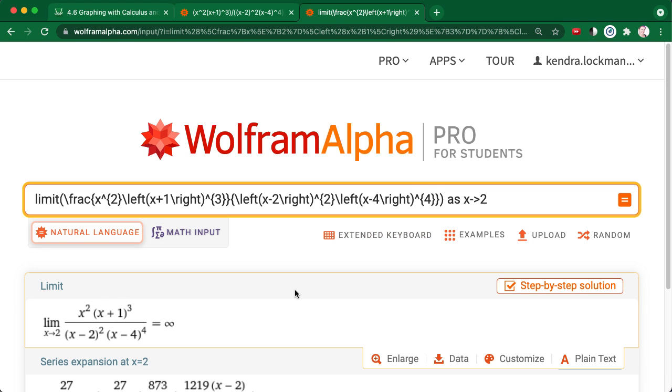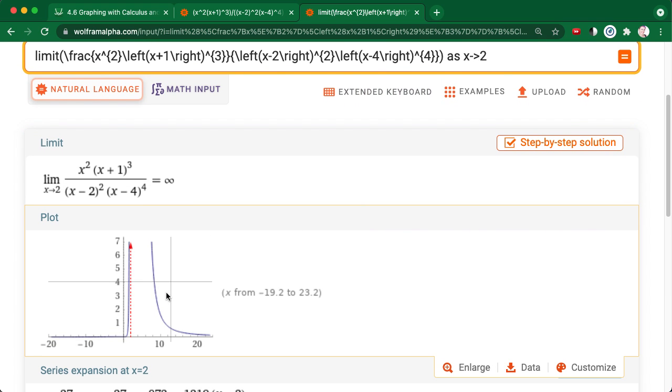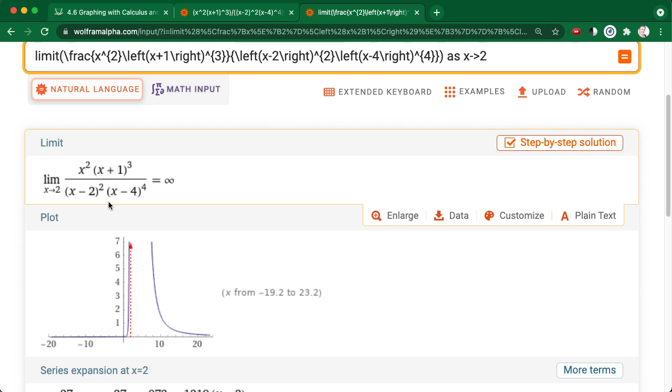Technically we should probably separate it into approaching 2 from the right and approaching 2 from the left. Since Wolfram Alpha says that this limit as x approaches 2 is well defined as infinity, that means that the left-hand limit and the right-hand limit are both infinity.